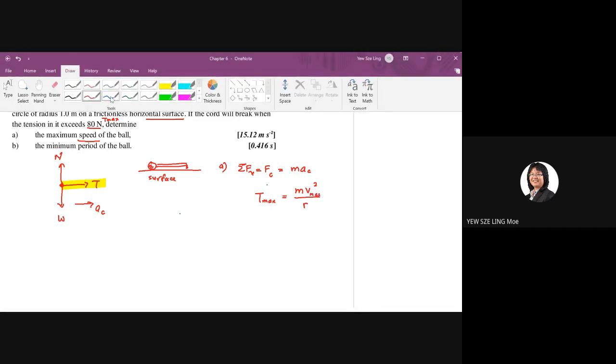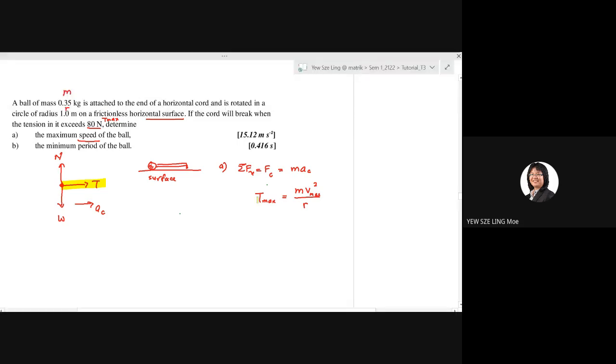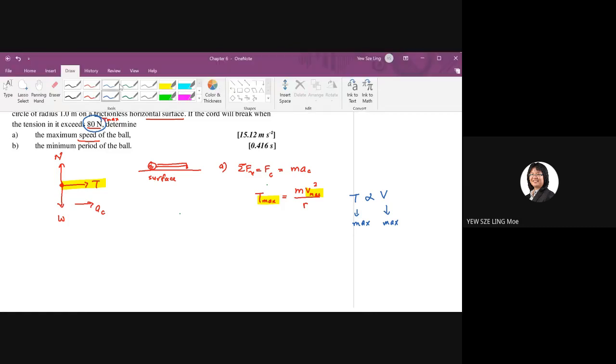Why? Because if you look at this equation, T and v are directly proportional to each other. Therefore, when T is maximum, v is also maximum. That's why we use the maximum tension to determine the value for maximum speed.